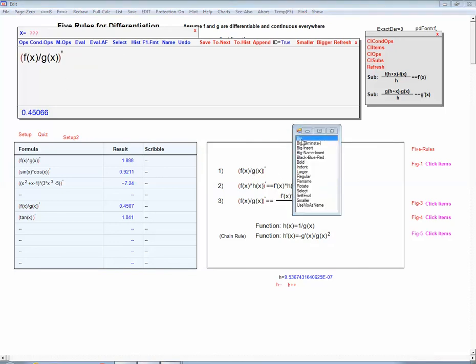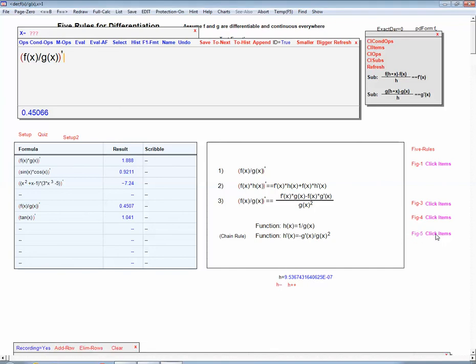And here's what we're going to do. I want to see this as a product rule, so that's why I define h of x as 1 over g of x. I make that substitution. It didn't do anything. Let's see if we have our substitutions here. No, we don't. Okay, let's see if that's on there someplace.